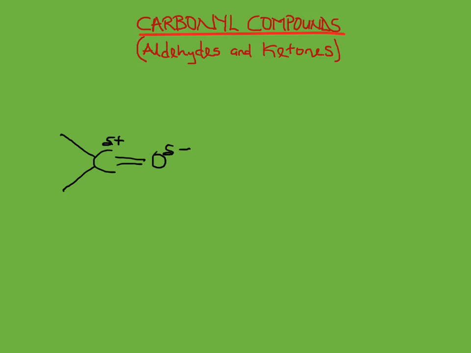What we're trying to say here is that the melting and boiling points of aldehydes and ketones are higher than those of their comparable alkanes, but lower than those of the corresponding alcohols.